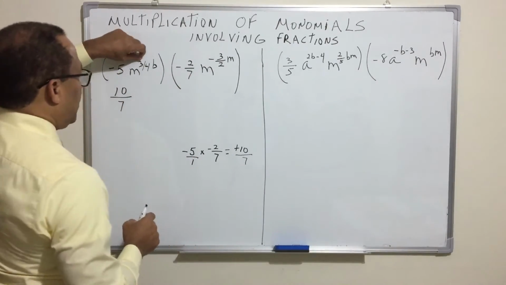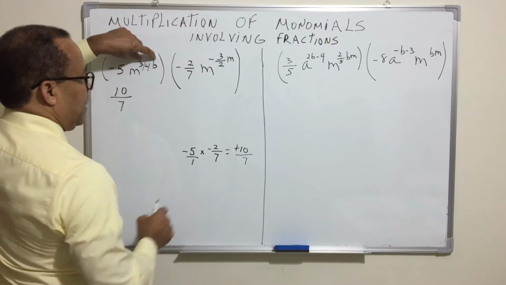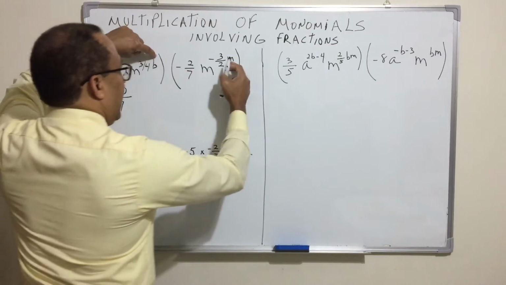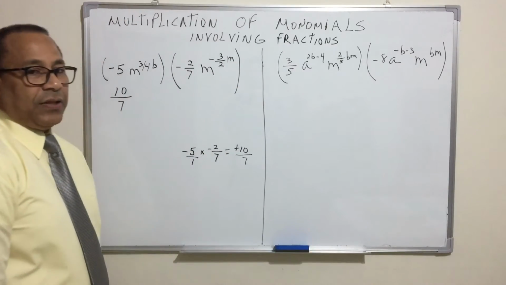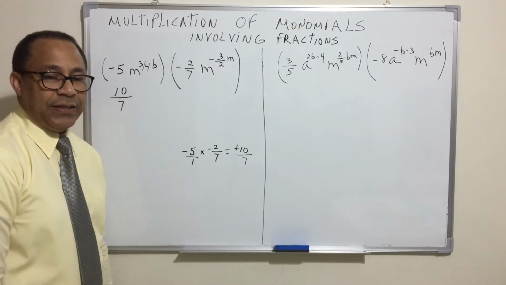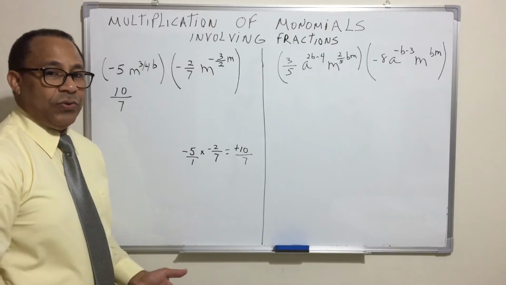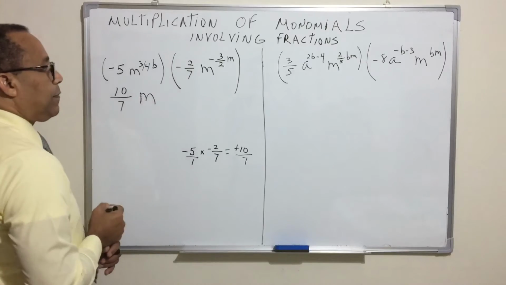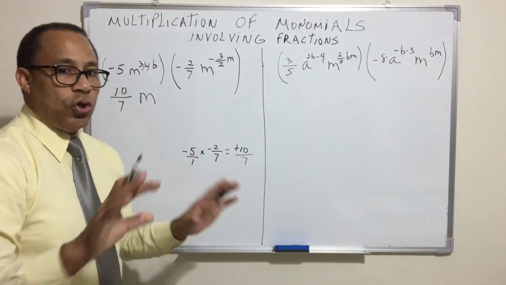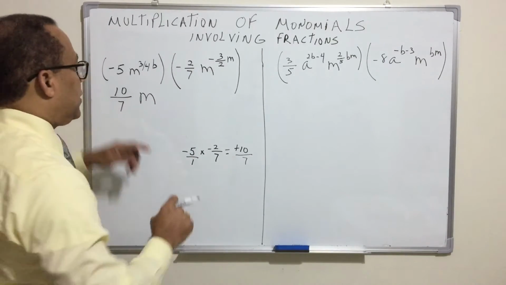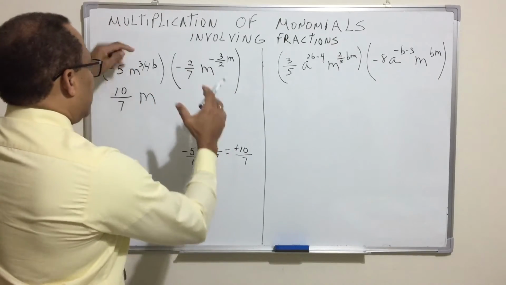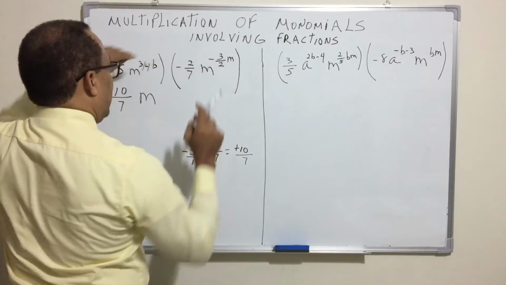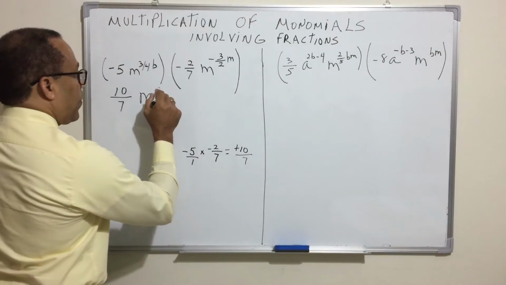Here it says 3/4 b, and here it says negative 32m. b, m, they are not like terms. They cannot be added. So what do you do? Alright, just put the m and you just show the operation. Since you cannot add them because they have different letters, you just show the operation.